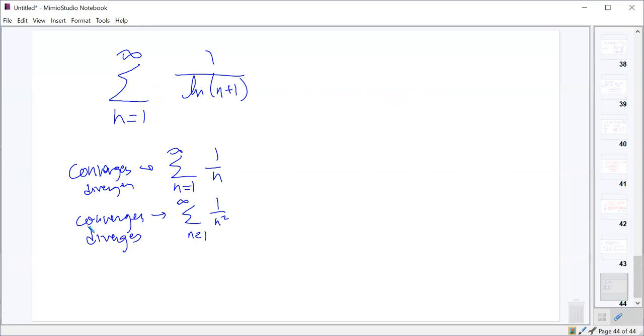So why don't you both take a second and see if you can decide whether that converges or diverges, and by which one you would need to be comparing it to in order to do that.